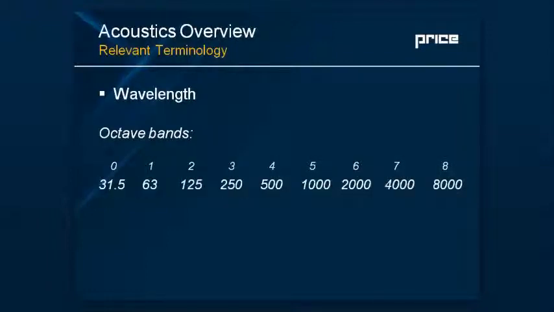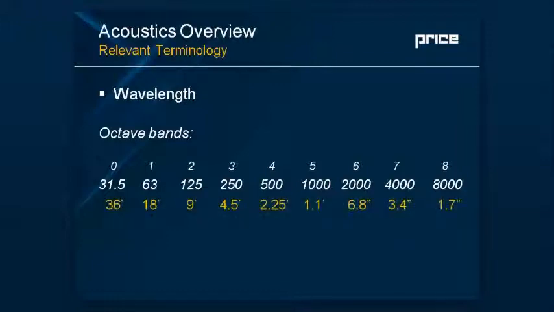Wavelengths, it's worth talking about briefly. So typically when you see equipment, if it has the sound power levels, a lot of times it'll have discharge noise or discharge power and radiated power and inlet power. So typically they're going to list the noise levels at these different frequencies. So the 0 through 8 just represent a common way of referring to the octave band, and then the actual center frequency is provided below.